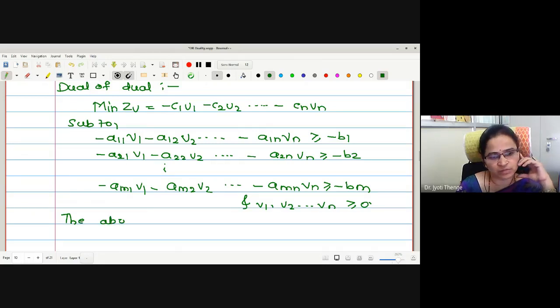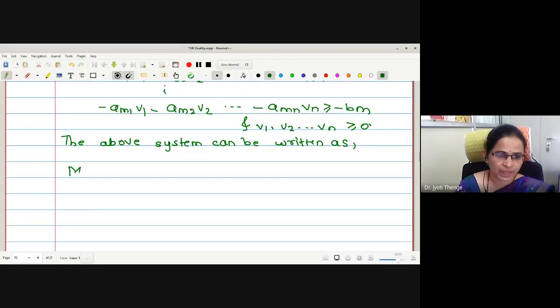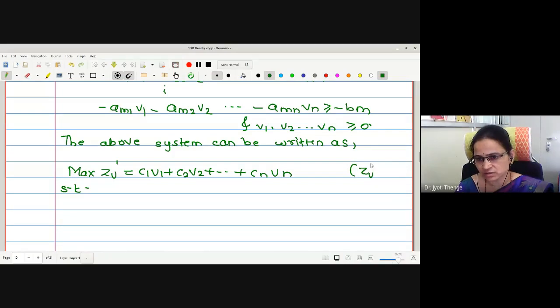The above system can be written as: maximize Zv dash, which is c1v1, c2v2 up to cnvn, subject to. And what is Zv dash? Is it minus Zv?